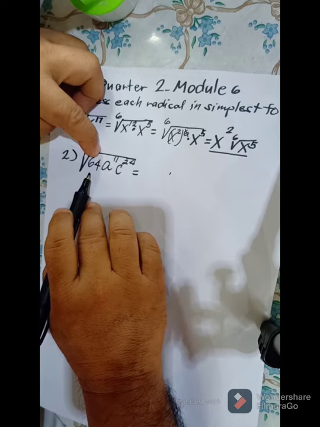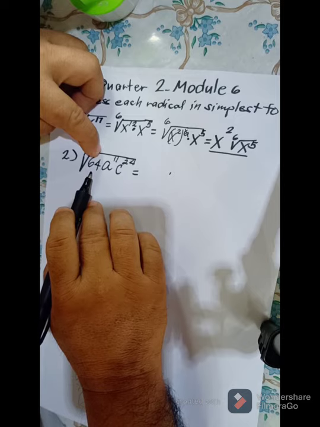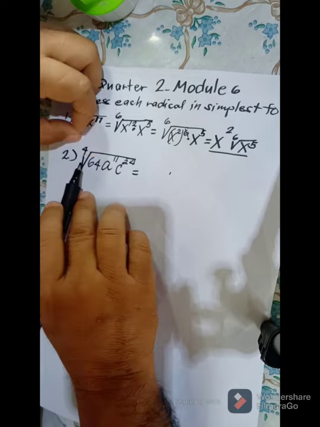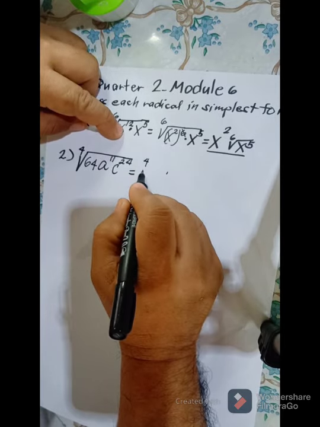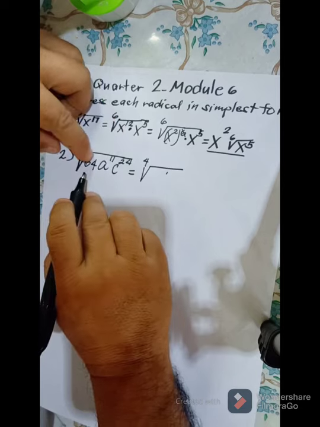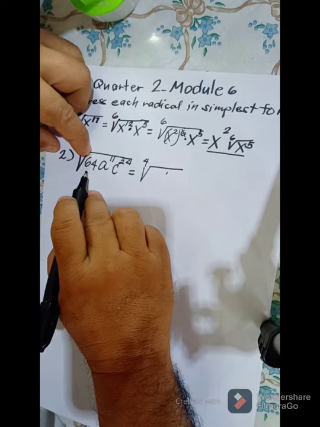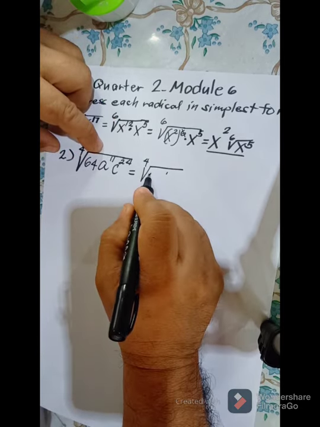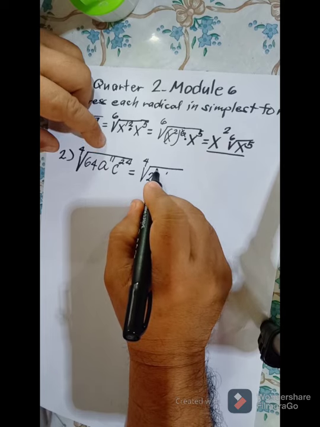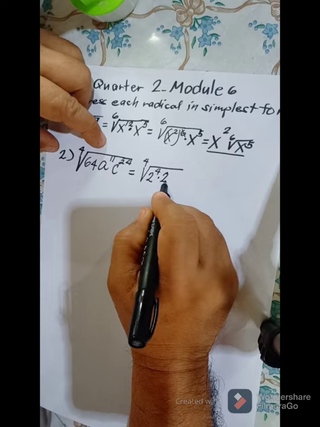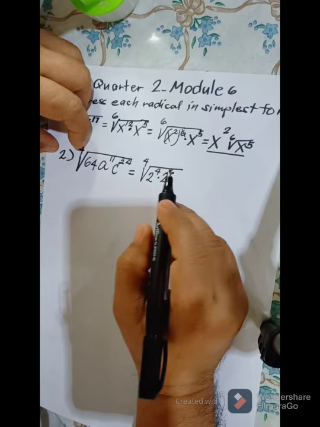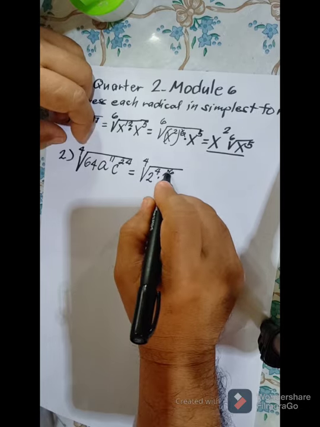64, on the other hand, is not a fourth power. However, the fourth root of 64 could be written as 2 to the power 4 times 2 to the power 2.